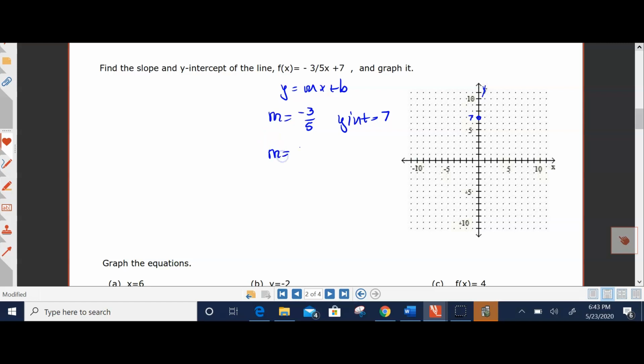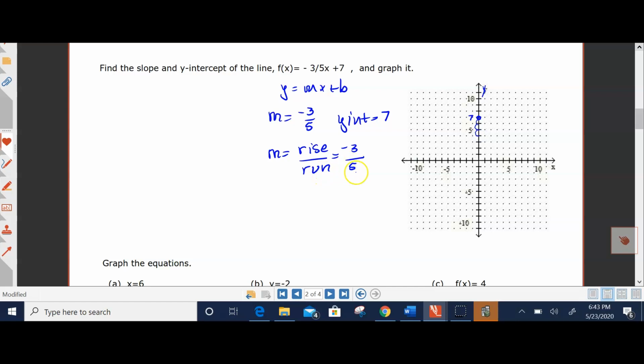If you recall, the slope is the same thing as the rise over the run. And in this case, the rise is negative 3, and the run is 5. So starting at the y-intercept, the rise tells me to go down 3. So I'm going to go down 3 units, 1, 2, 3. And the run tells me to go across 5.